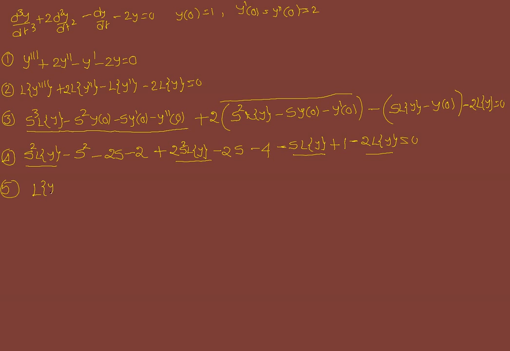Therefore L of y you take common, what you are left with is s cube plus 2s square minus s minus 2 is equal to the remaining terms you move to the right hand side: s square plus 2s plus 2s plus 4 minus 1.